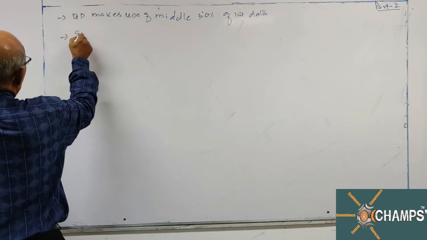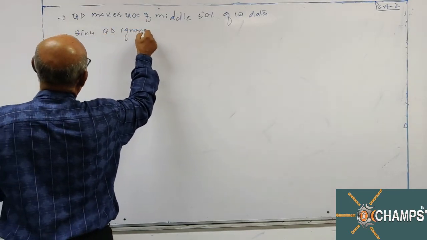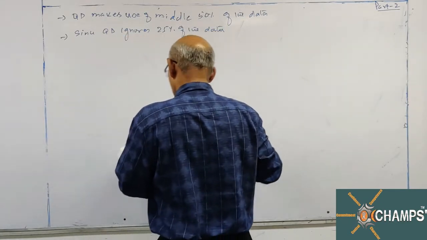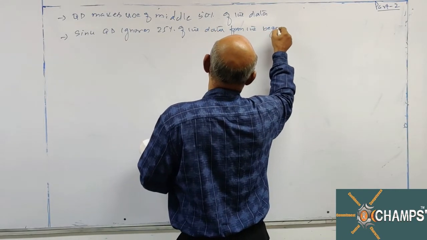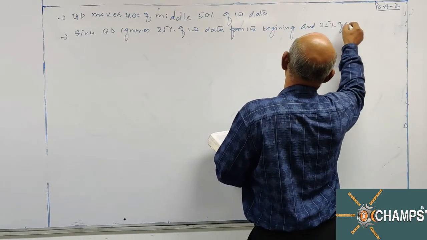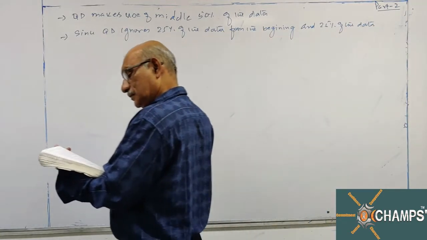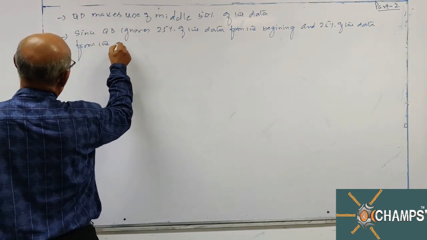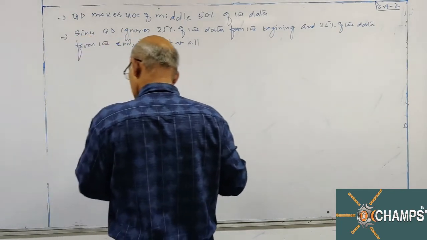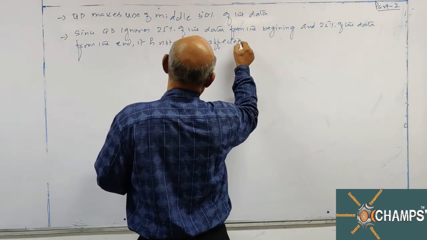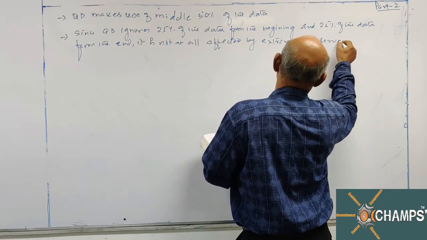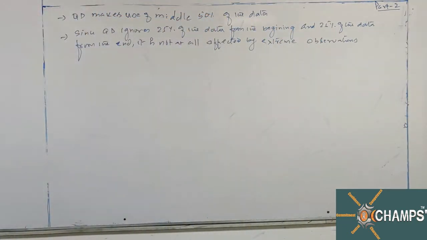Next, since QD ignores 25% of the data from the beginning, and another 25% of the data from the end, it is not at all affected by extreme observations.